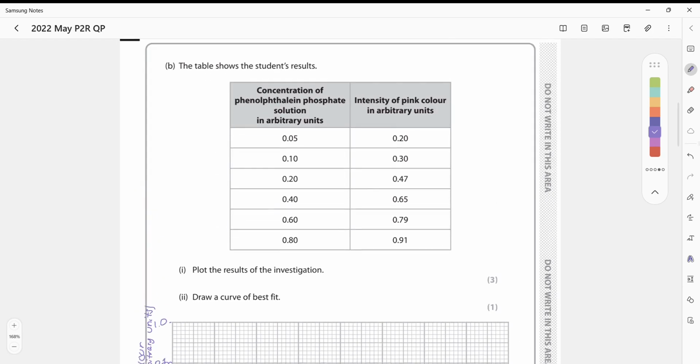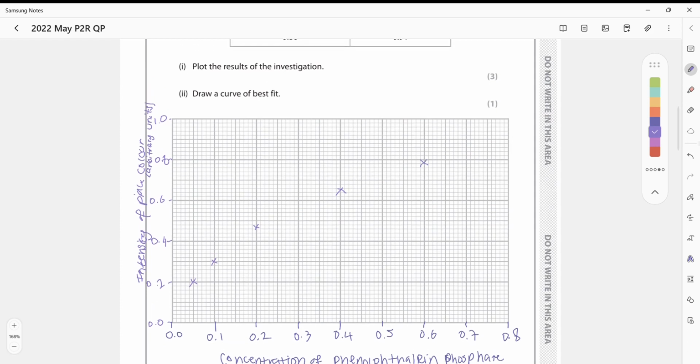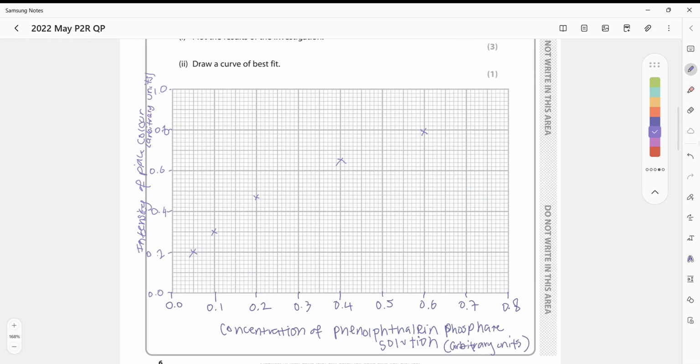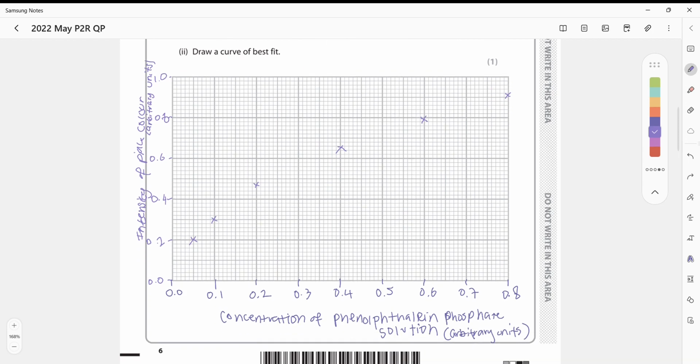Then we've got 0.6 and 0.79, which should be in between there. And then we have 0.8 and 0.91. Okay, so it says draw a curve of best fit. So I'm going to attempt to draw a curve here. Okay, there we go.